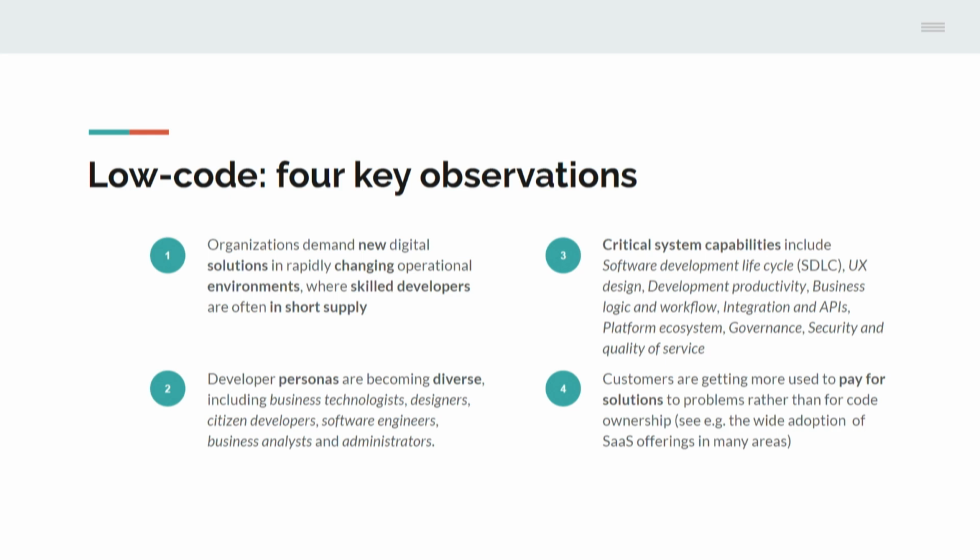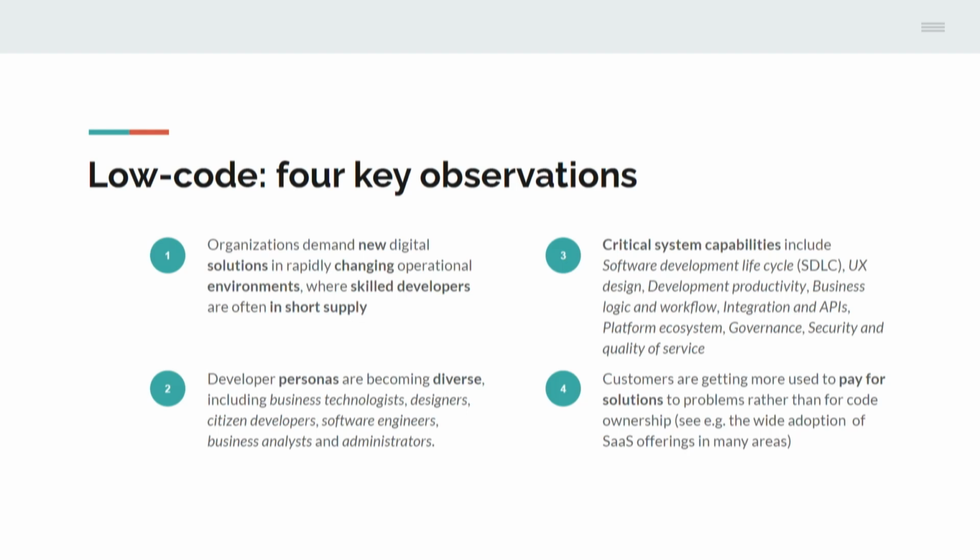Some key observations about low-code, what that entails. So the starting point, of course, is that the organizations demand custom solutions, and operational environments are rapidly changing, as Dario was mentioning yesterday. And most importantly, skilled developers are often in short supply, and we all know this too well, because those of you who do some hiring or trainings and so on know how hard it is today to get developers who are already skilled.